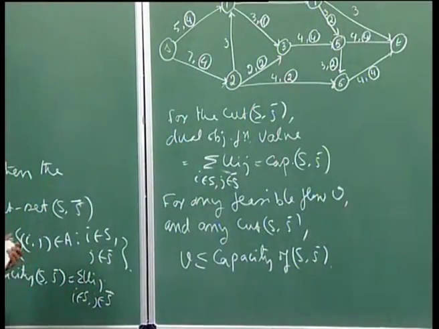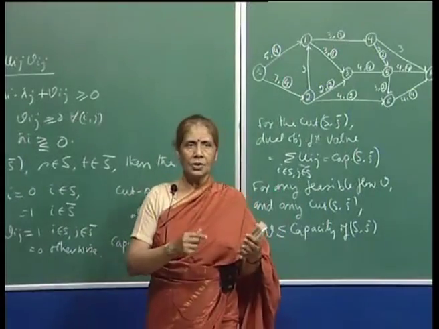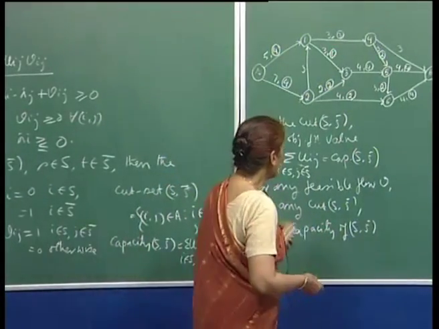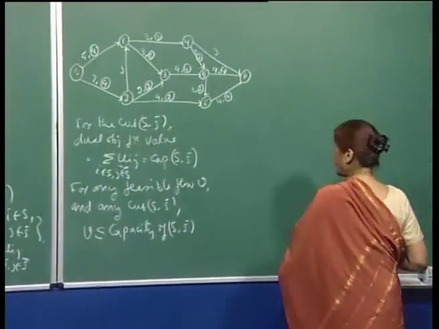Now, as I said, we can look at a cut in so many ways. Because you have partitioned the node set, and S is in one part of the partition and T is in the other part, you see all paths. So, here I have drawn this graph and you can look at it.